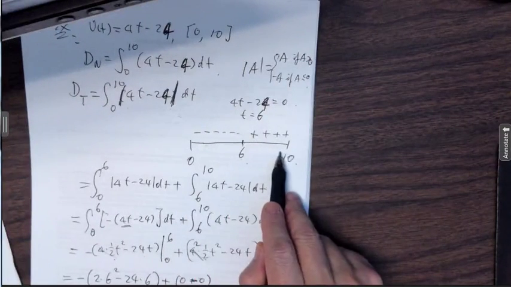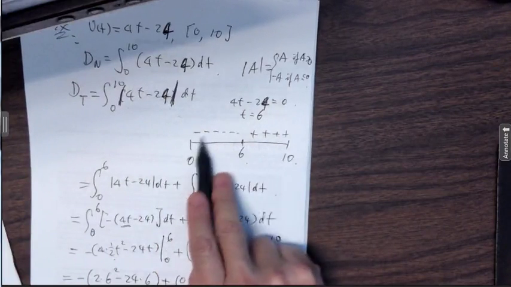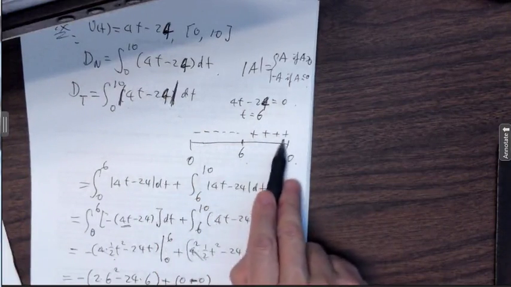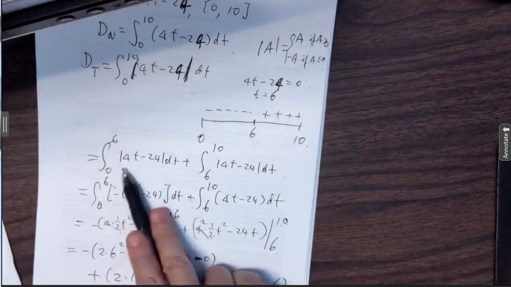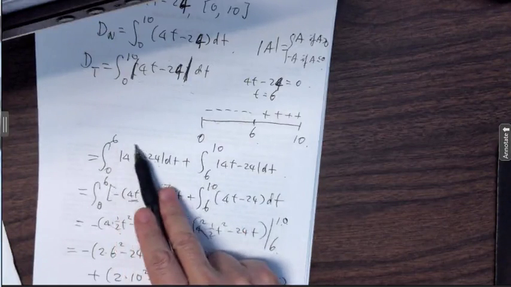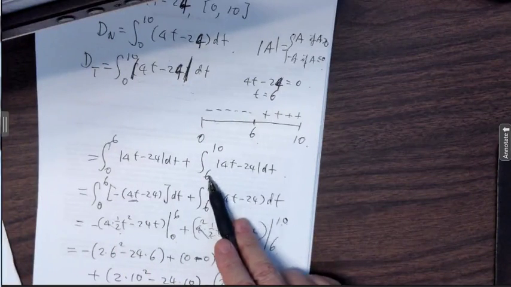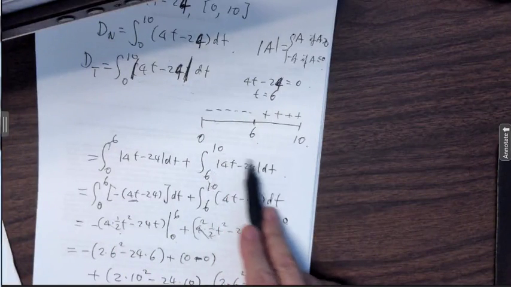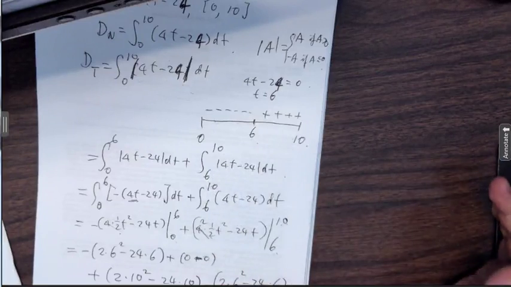Create a sign chart. You set the expression to 0. Find the sign within each subinterval. Therefore, you can treat the absolute value signs appropriately. From 0 to 6, that's negative, so you just put the negative sign in front. From 6 to 10, the expression is positive, so you can just throw out the absolute sign for free.